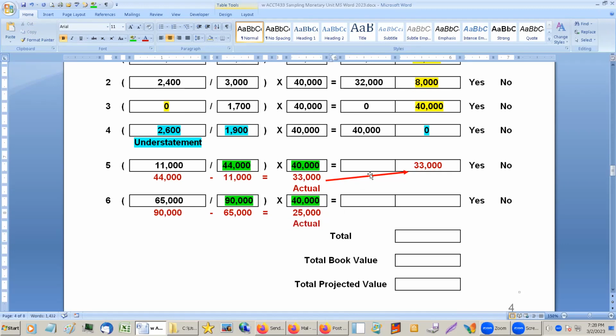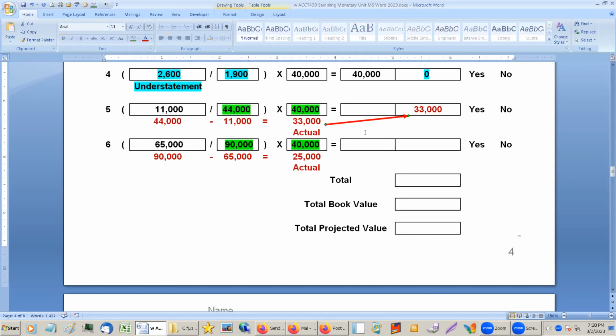So this is what we're going to put in for our misstatement.